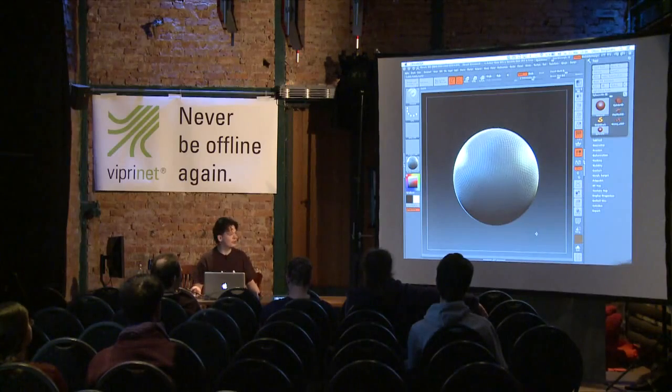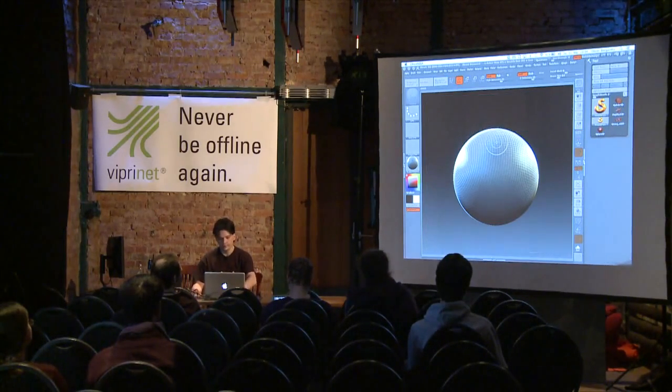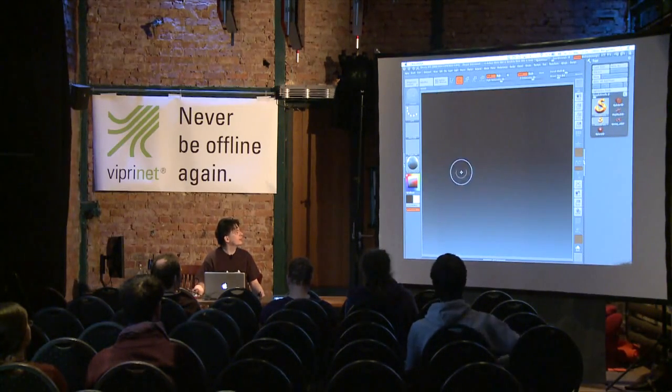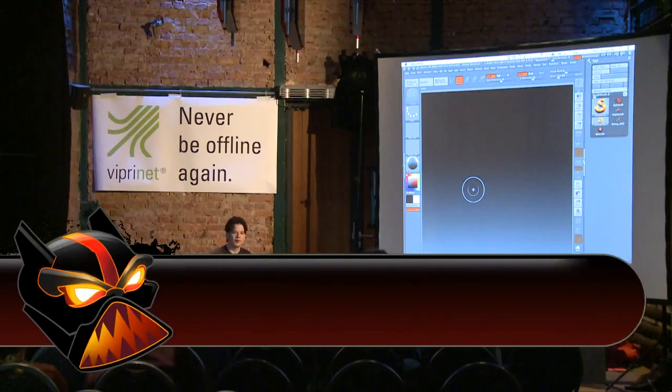Just to give an overview, ZBrush is basically a painting tool, but unlike Photoshop, you don't have only the x-axis and the y-axis. It's called ZBrush because you use the depth information to paint with depth on the canvas.